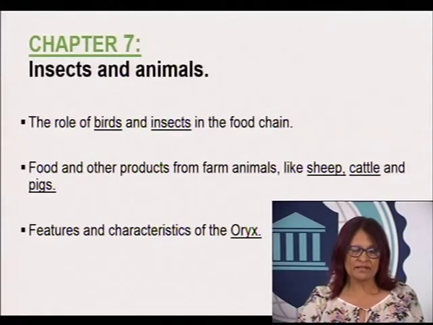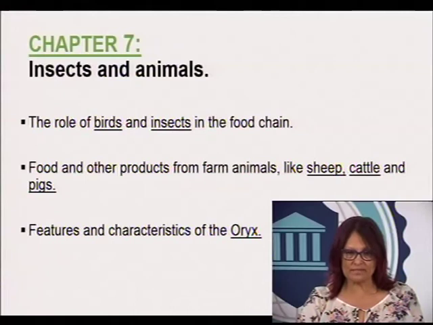Chapter 7, Insects and Animals, the role of birds and insects in the food chain, food and other products from farm animals like sheep, cattle, and pigs, features and characteristics of the oryx.